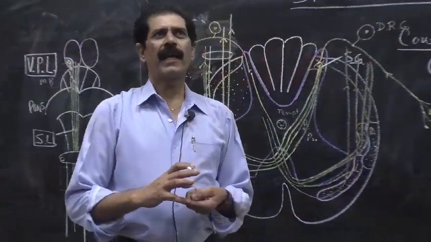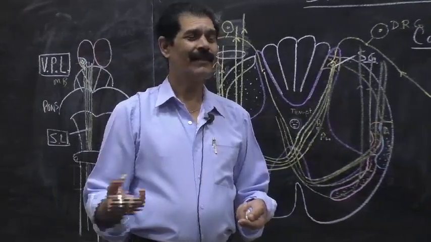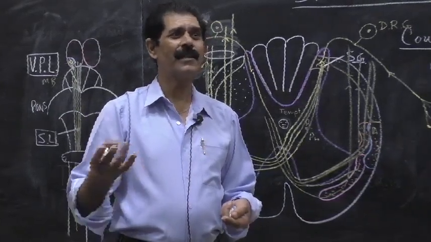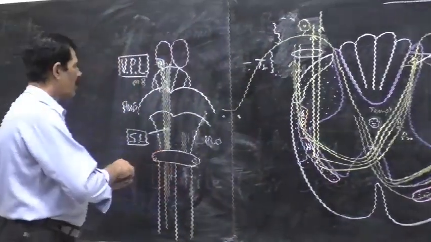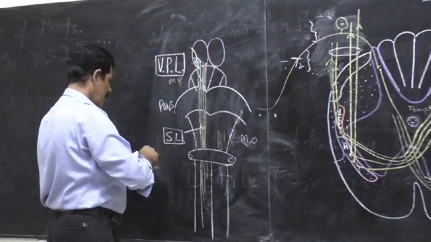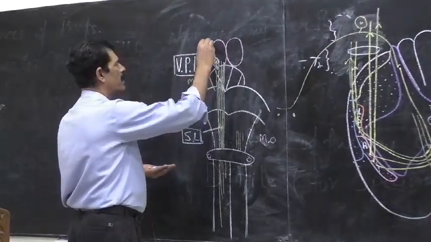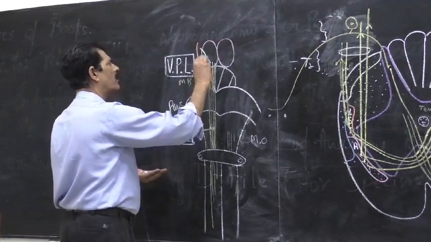So whenever the word thalamus comes, the second word should automatically come to your mind: sensory relay station, three words. Now these third order neurons start from the thalamus, and then they go into the posterior limb of the internal capsule, which is lying very close to the thalamus.